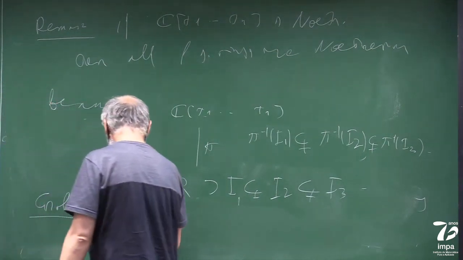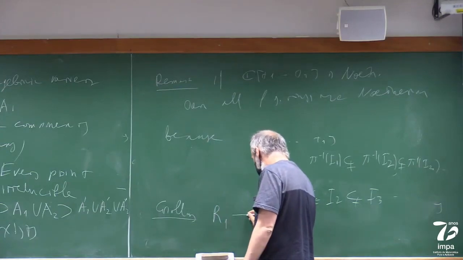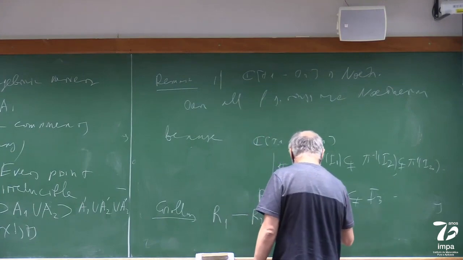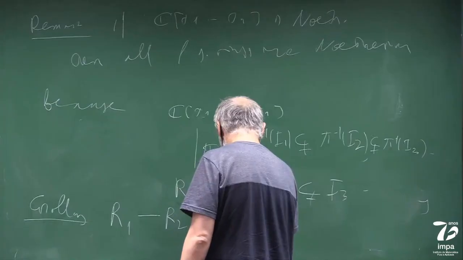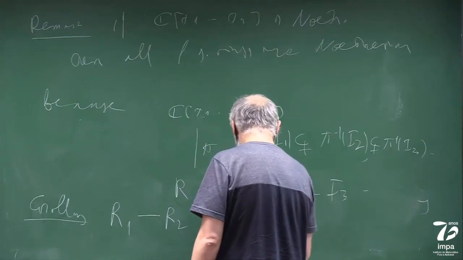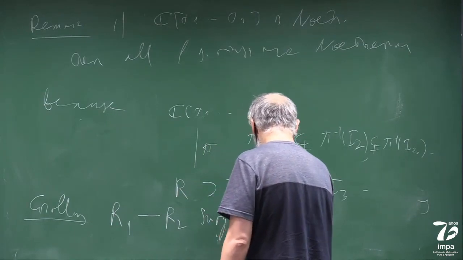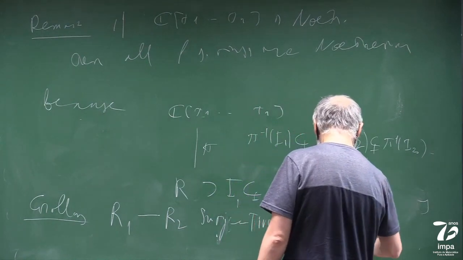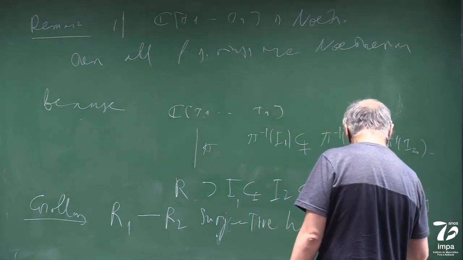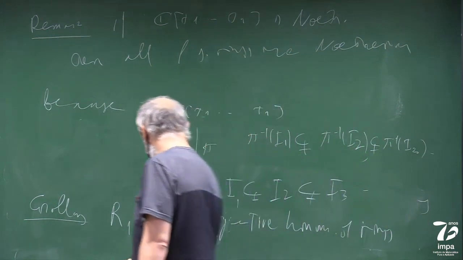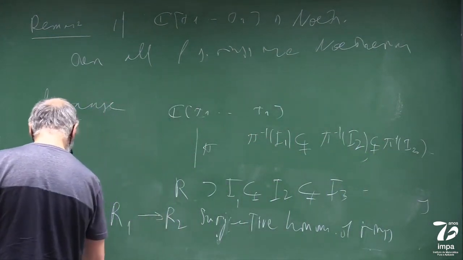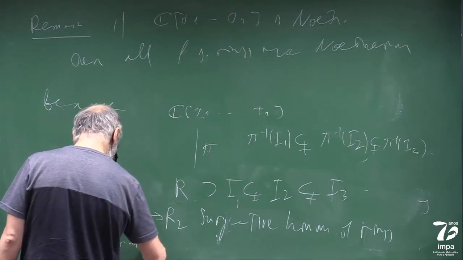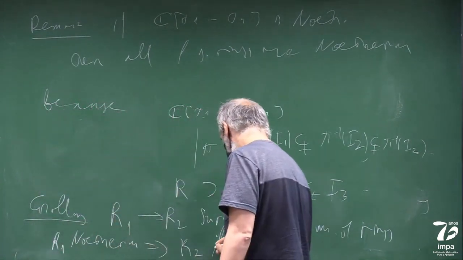So suppose you have a surjective homomorphism of rings. And suppose that R1 is Noetherian, then R2 is also Noetherian.